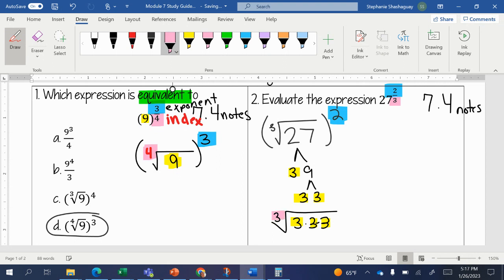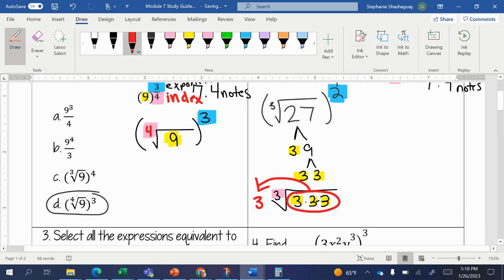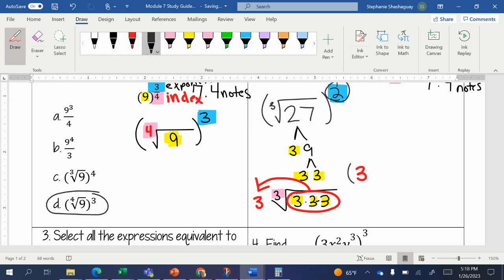My index is 3, so I need a group of 3, and it's going to become 3. So the cube root of 27 is 3, but we can't forget that we have this squared. So if we do 3 squared, well, that's equal to 9. Okay?